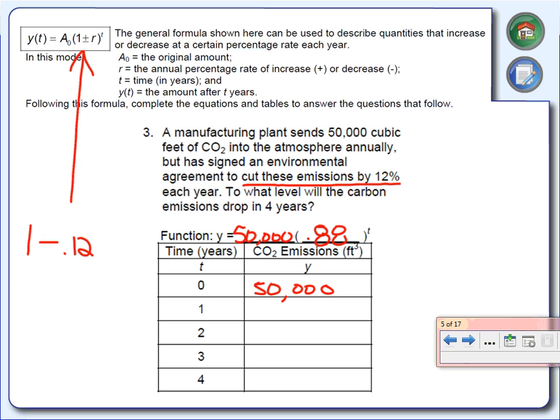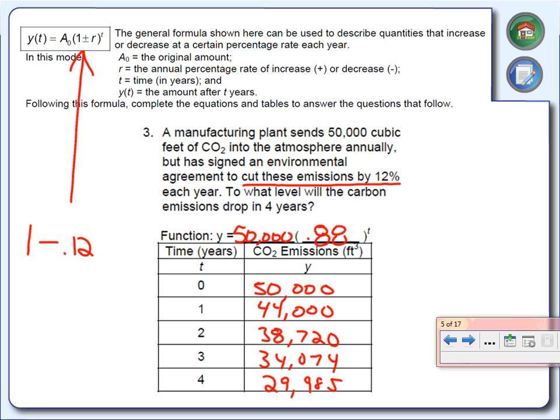Smaller than 50,000, right? 44,000. 44,000 after 1 year. After 2 years, it should be 38,720. Then 34,074. And after 4 years, we should cut those emissions back to 29,985. Now that, of course, is assuming that every year they cut those emissions by 12%, like they said.